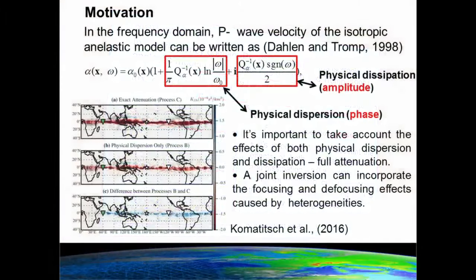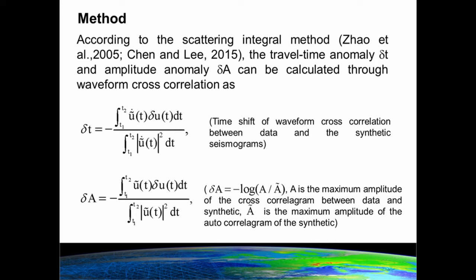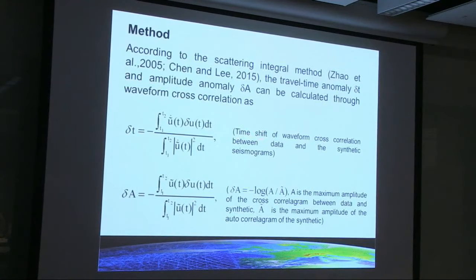According to the scattering integral method, the travel time anomaly delta T and the amplitude anomaly delta A can be calculated through waveform cross-correlation as this. We know that delta T is the average time shift of the waveform cross-correlation between the data and the synthetic seismogram, and delta A can be calculated as the log ratio of A over A tilde.